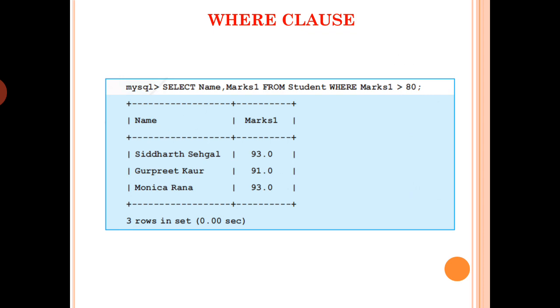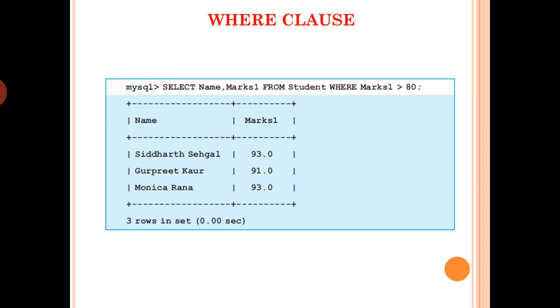Students, tables usually contain many rows. Mostly, we do not want to display all the rows of a table. Certain rows can be displayed based on the criteria for selection of rows using the keyword where. The where clause is used to filter records.